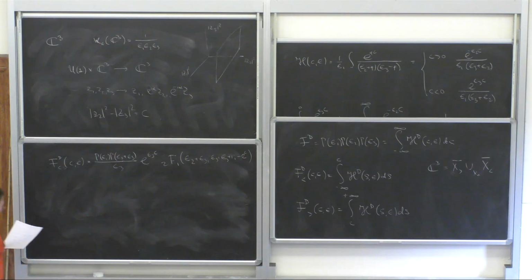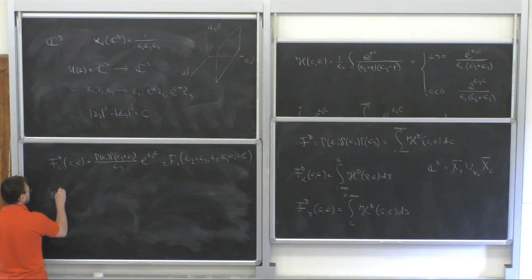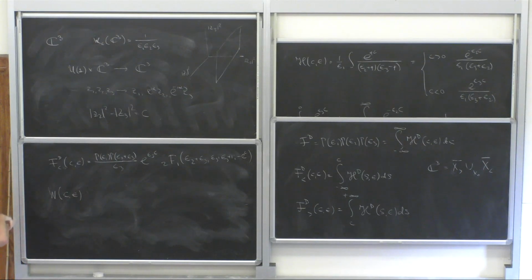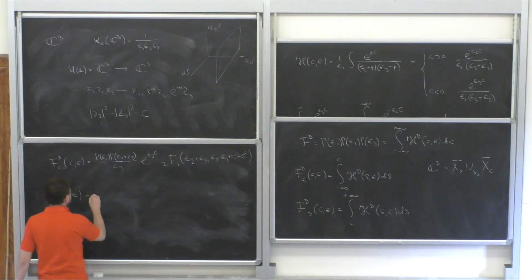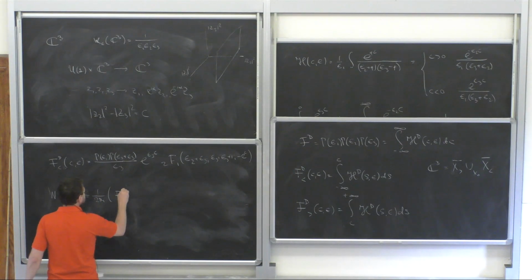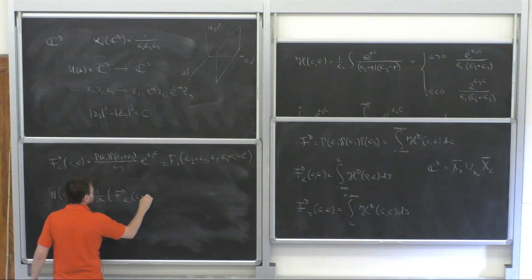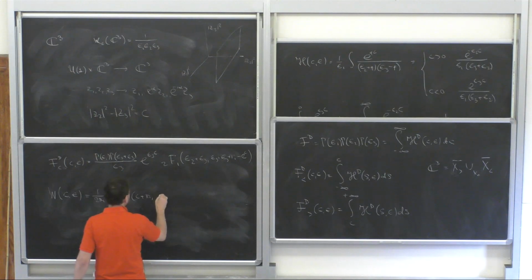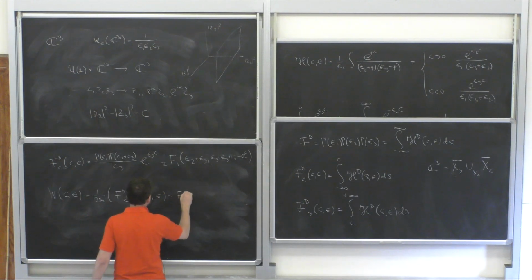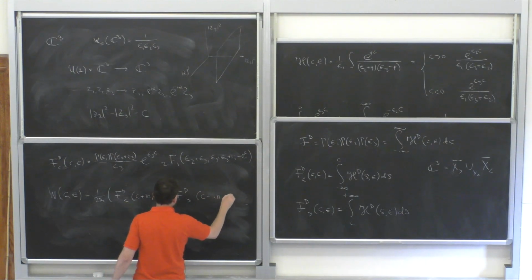Then what you can do out of the blue is define another object, which let me call W_C epsilon, which you can think of as some monodromy of this function, something like 1 over 2 pi i times f_D at c plus pi i epsilon minus f_D at c minus pi i epsilon.